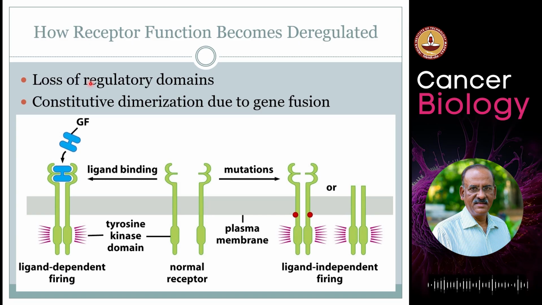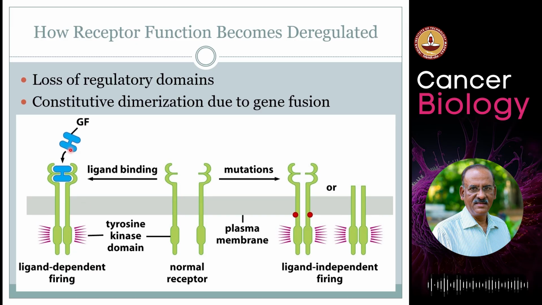If there is a loss of regulatory domain, you don't need a ligand. The receptor will get automatically firing, start firing. So that is the important thing. Sometimes due to gene fusion and all that. Here the examples given are again receptor tyrosine kinases, which typically contain an extracellular domain, transmembrane domain, and intracellular, cytoplasmic domain.